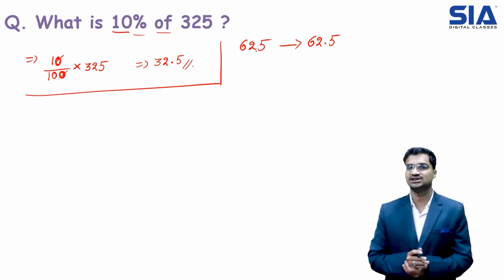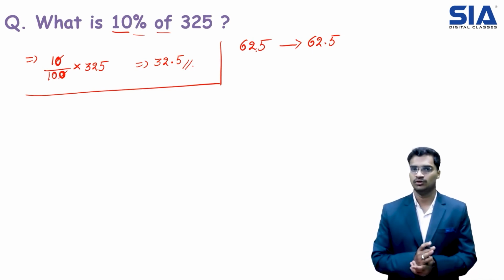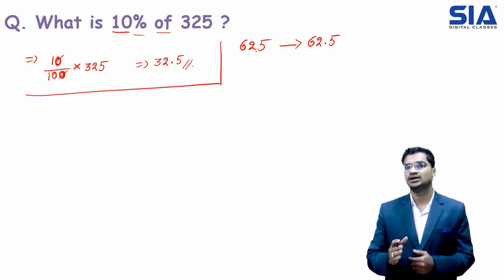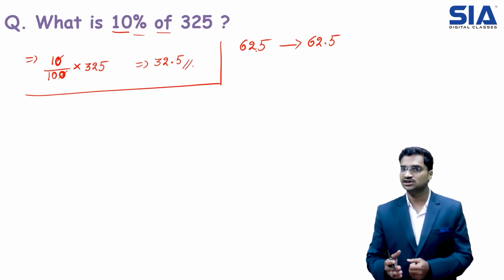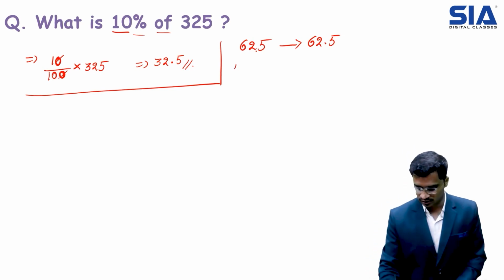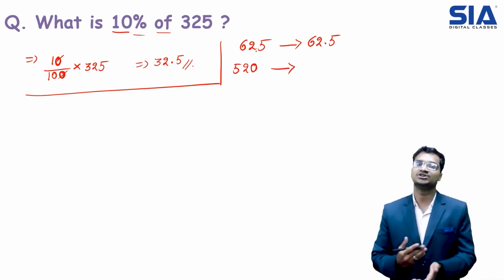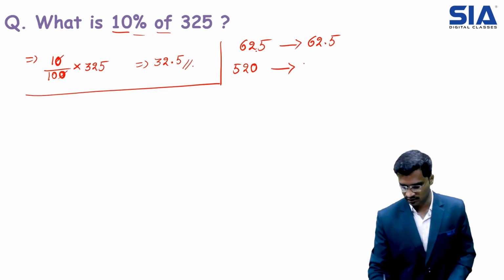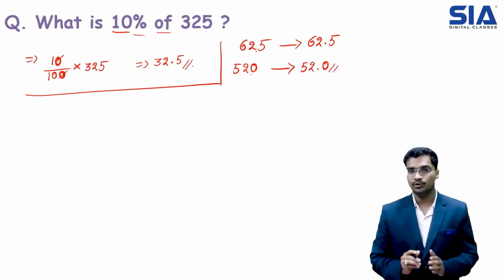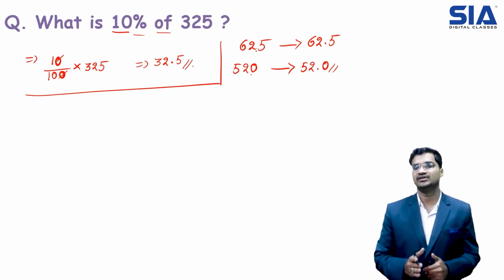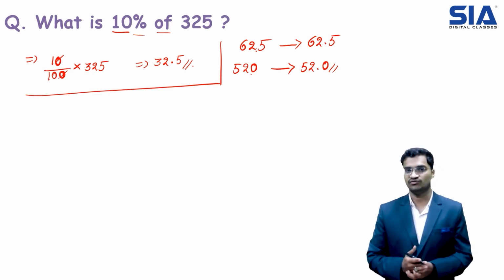So 10 percentage is nothing but putting a decimal before one digit. So 10 percentage of 625 is 62.5. In the same way, the 10 percentage of 520 is 52.0. Whenever I put a decimal before one digit, it becomes 10 percentage of that value.